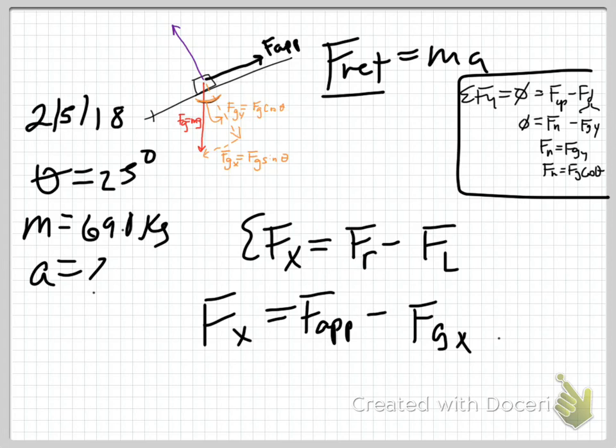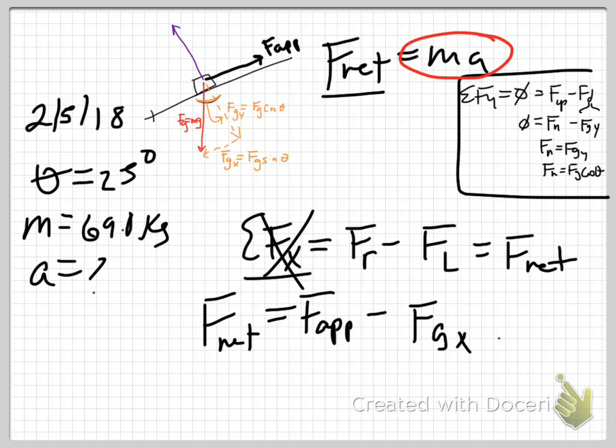Net force equals ma. This is our net force, so I'm going to get rid of that and call this what it is. So this whole thing is actually equal to ma, because we know that, so we can just set those equal. I'm now going to get rid of that.